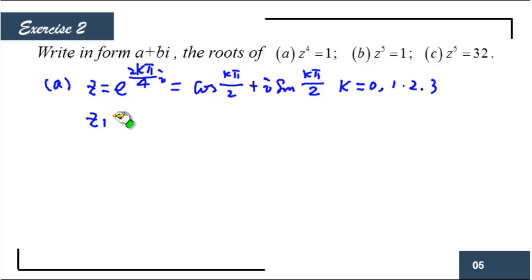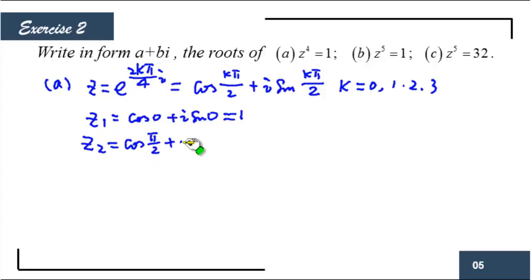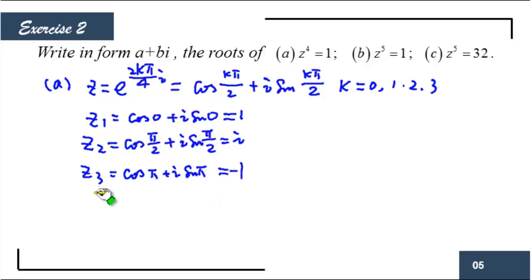If k is 0, that means cosine 0 plus i sine 0 is equal to 1. The second one is cosine pi over 2 plus i sine pi over 2, which equals i. The third one is cosine pi plus i sine pi, which equals minus 1. The last one is cosine 3 pi over 2 plus i sine 3 pi over 2, which is equal to negative i.